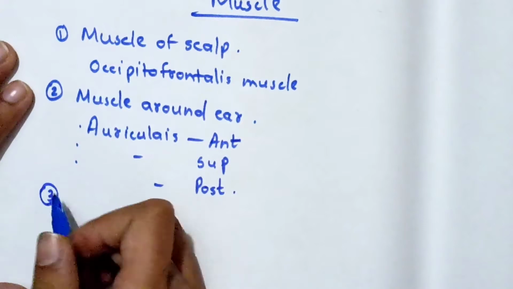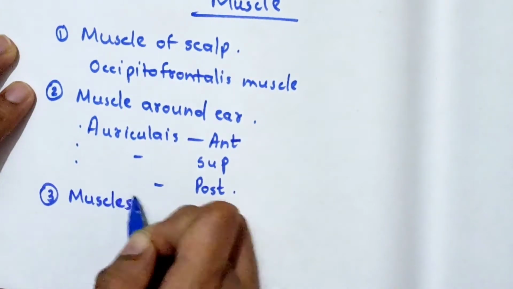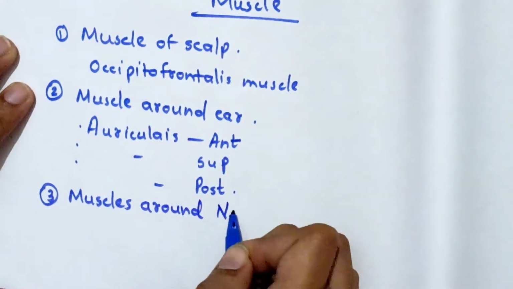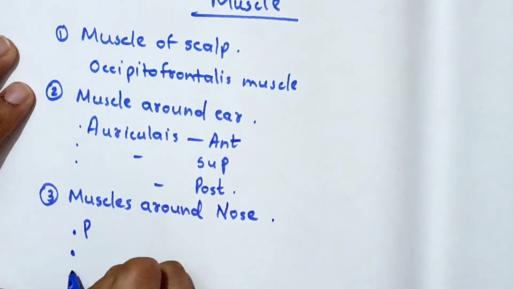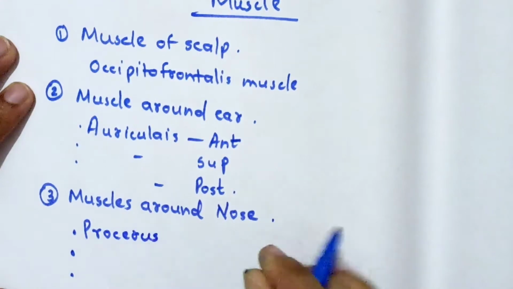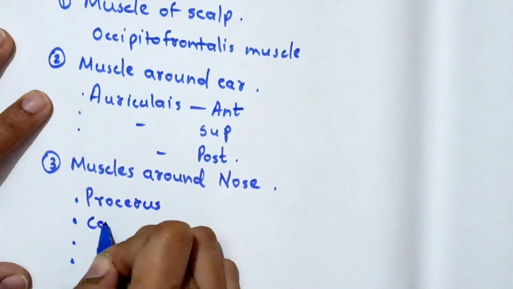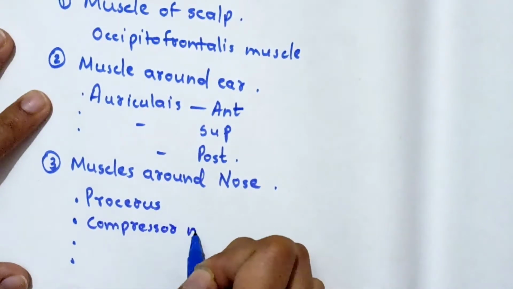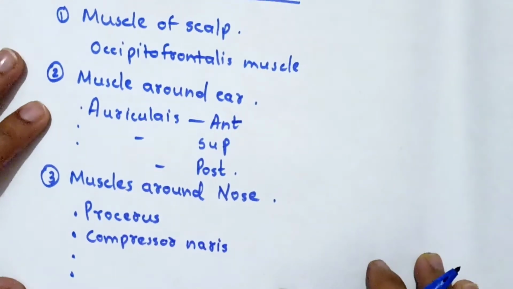Now the third division is muscles around the nose. Here we have 4 muscles. First is procerus, second is compressor naris, the muscle which compresses the nose.